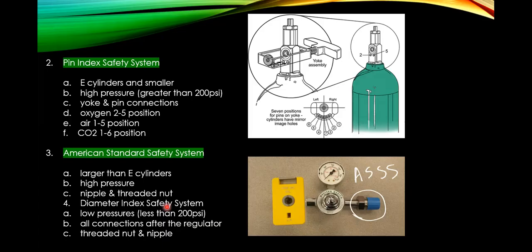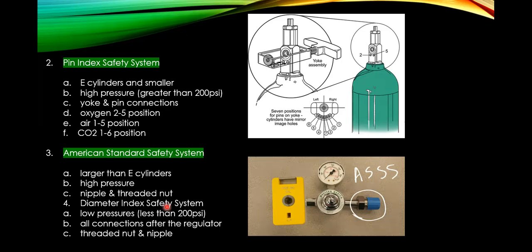So if this is the regulator, everything that hooks up to the regulator on the other end of the regulator is regulated by the DISS. So that would be my nasal cannula, my little mask, whatever I hook up to the oxygen cylinder. This part here is considered to be the DISS, okay? Low pressures, less than 200 PSI, all connections after the regulator, okay?